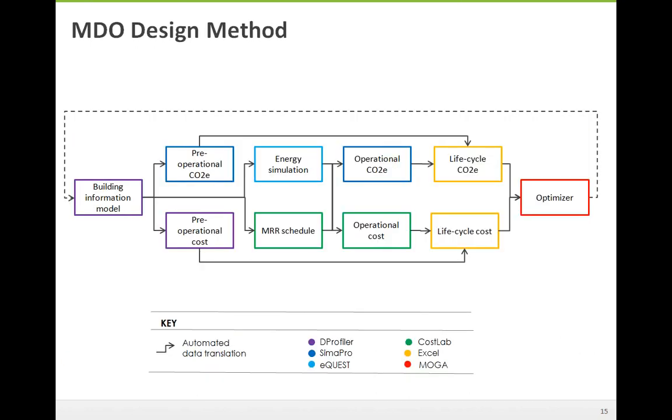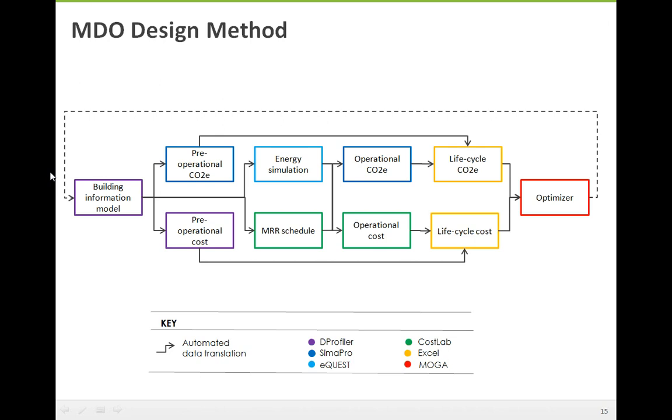So here's a process map of the different components that were integrated into the process. They're color-coded according to the different software that were used, and I'm just going to walk through it. So we started with the building information model.